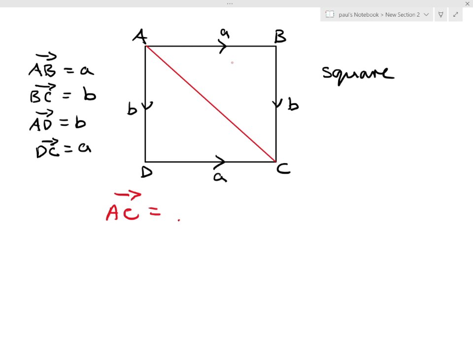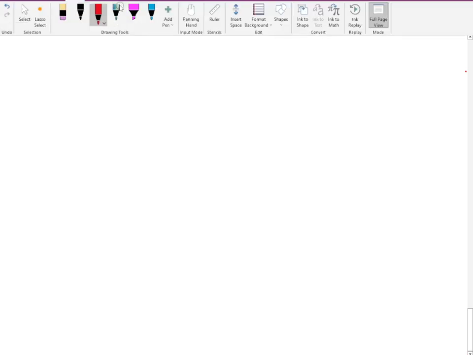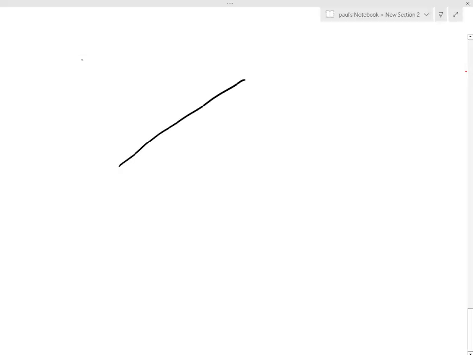We can either go round via B or we can go down via D. If we go this way via B, we get a plus b. And if we go the other way down, we get b plus a. So it's exactly the same thing. Perfect. These are level 5 questions, believe it or not, for the GCSE.